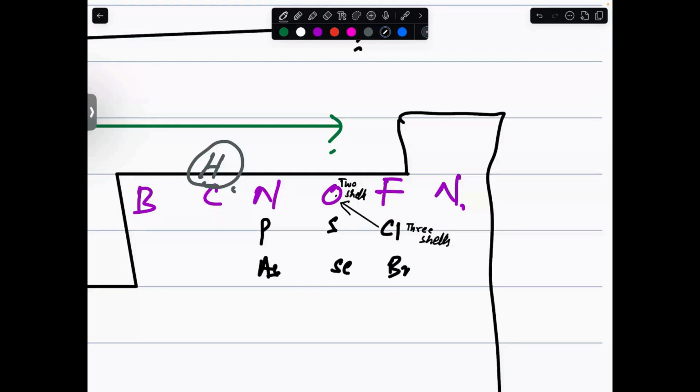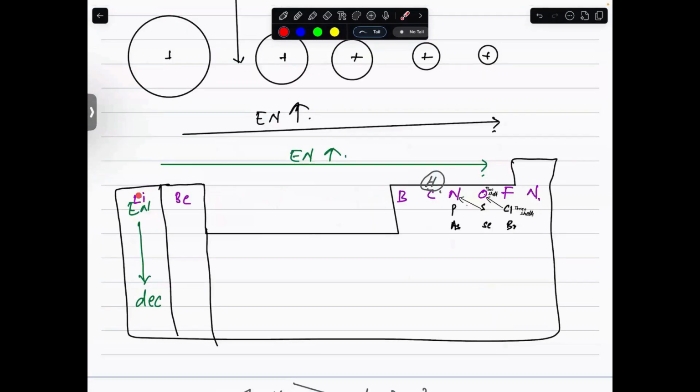Oxygen is more electronegative than chlorine. Like nitrogen is more electronegative. Diagonally, it's true for all. Why? This is smaller in size, larger in size. Now, hydrogen is more electronegative than group 1, 2, 3, equal to group 4, less than 5, 6, 7. It's a rough guide, but it helps a lot.